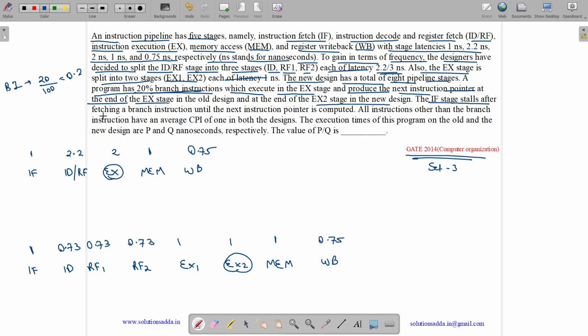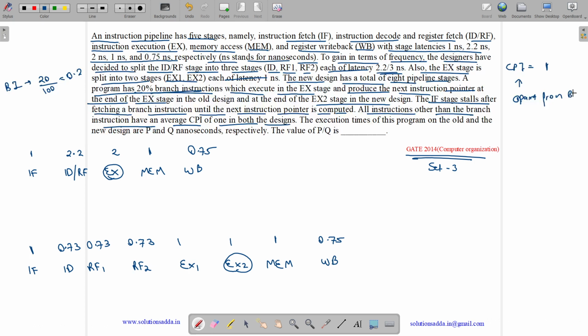The IF stage stalls after fetching a branch instruction until the next instruction pointer is computed. All the instructions other than branch instructions have an average CPI of 1 in both the designs.